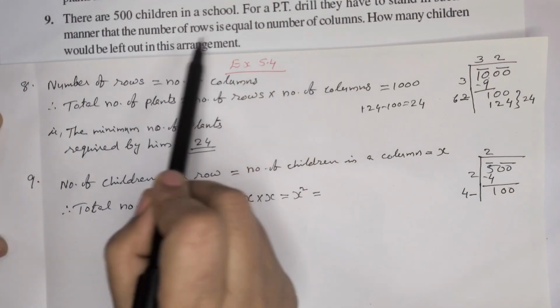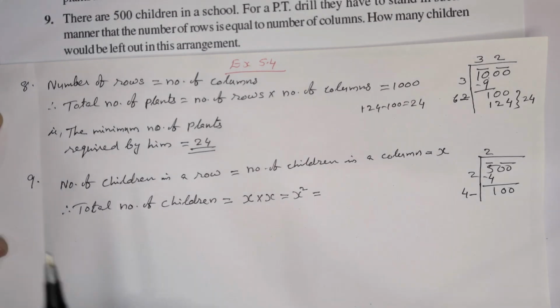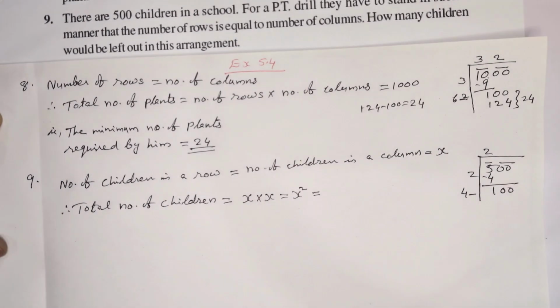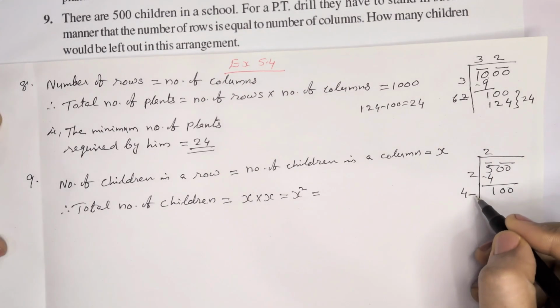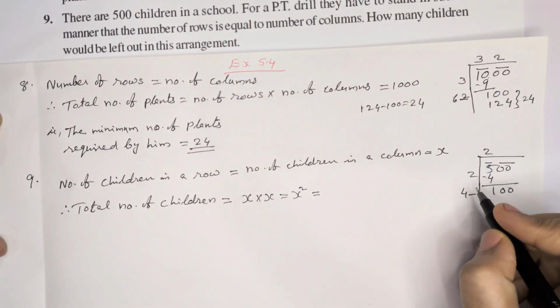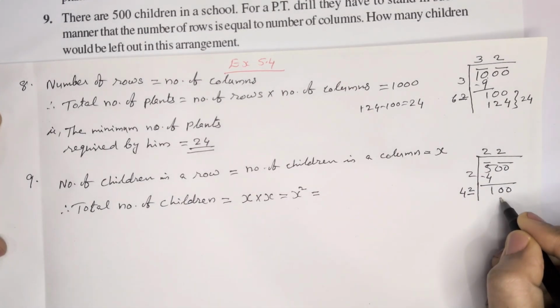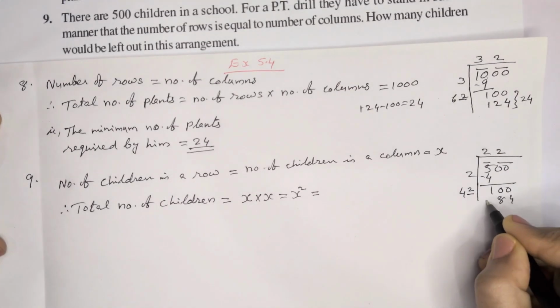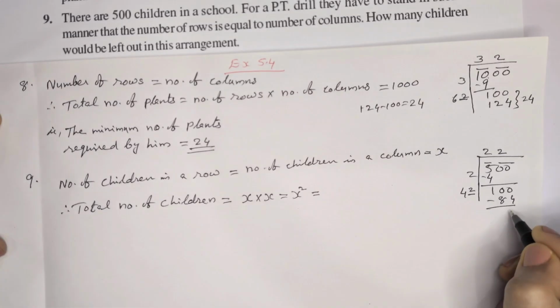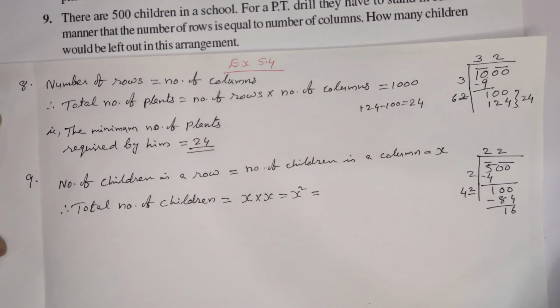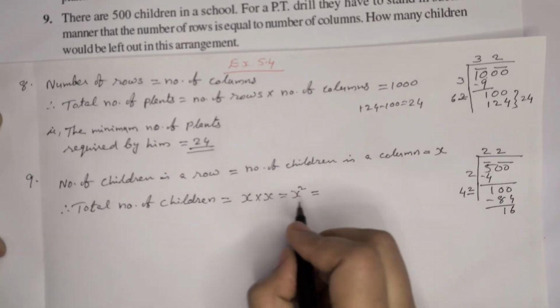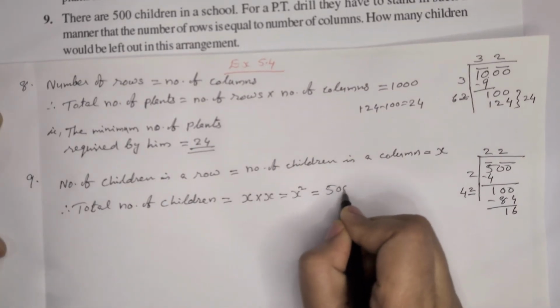And here, how many children would be left out in this arrangement? When we are dividing 500 or finding the square root of 500, here 2 into 2, 4, 84, and when we are subtracting that, it's 16. So X square, that is here given as 500.